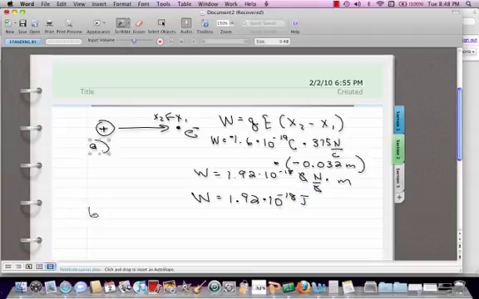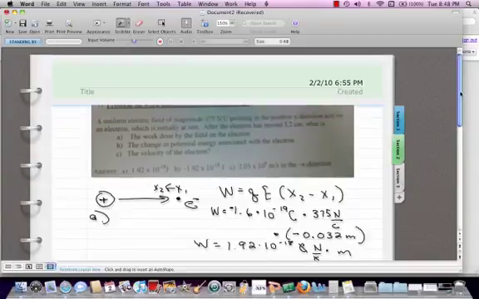Now B, let's go back. It says, what is the change in potential energy associated with the electron after the electron has moved?